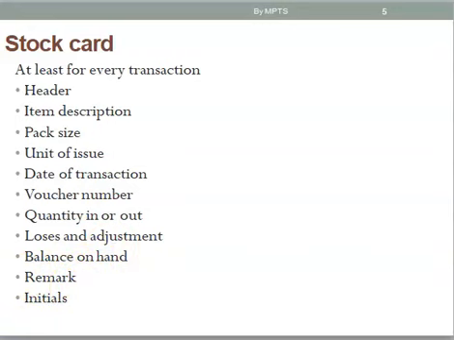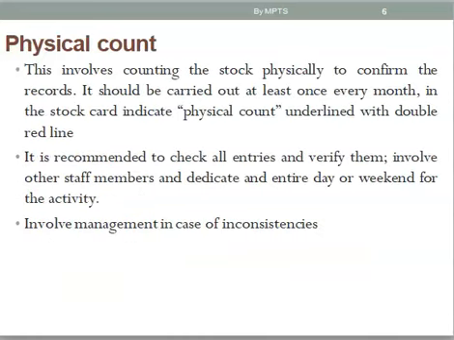Of course, again, in inventory management, it's good to carry out a physical count, which involves counting the stock physically to confirm the records. It should be carried out at least once every month. Some big companies even close for a month to do it; for them, they do it per year.